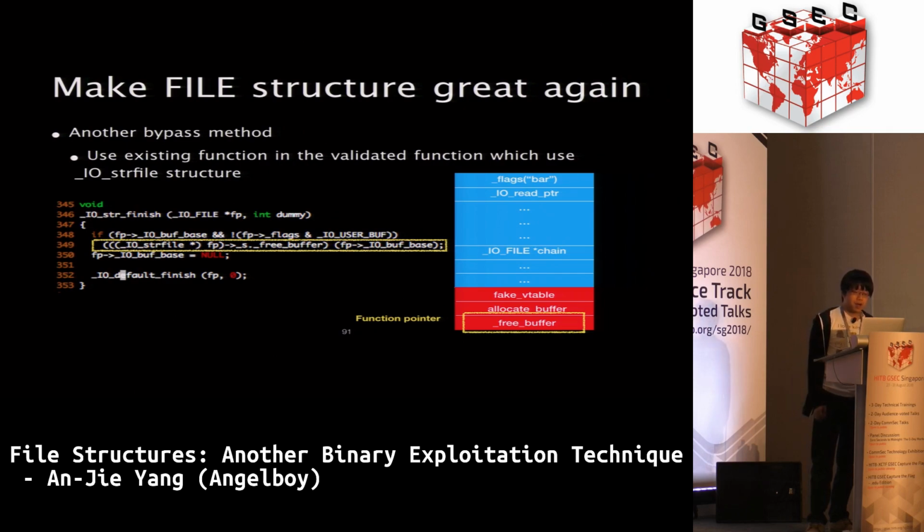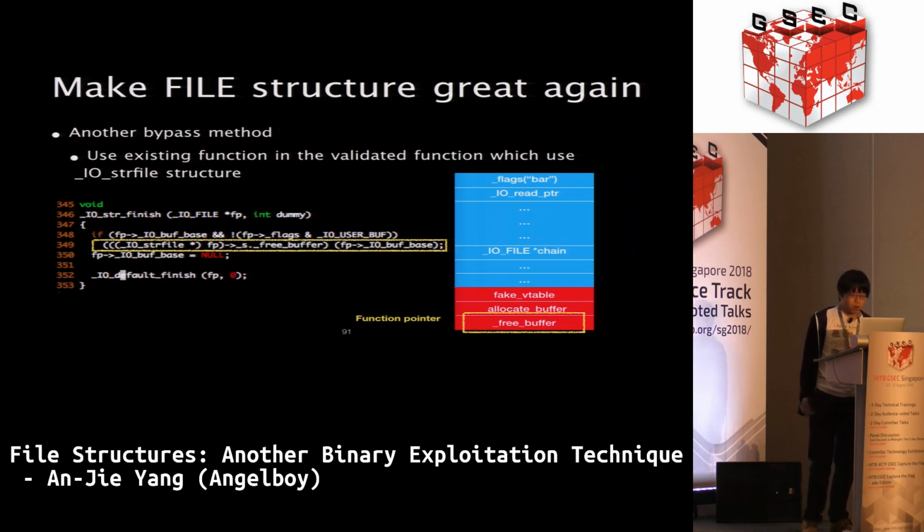Let's take IO string finish as our example. If we use IO string finish as the virtual function in the file structure which we forge, we can bypass the vtable verification more easily.